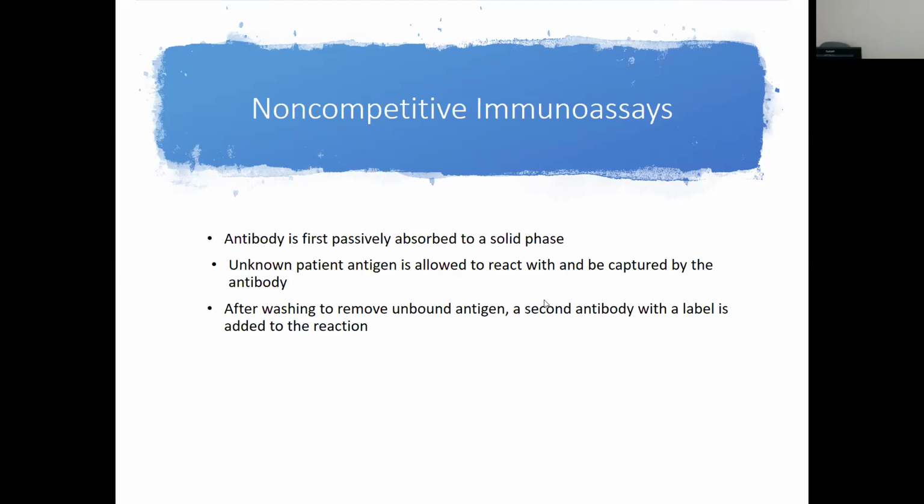So we've added the antibody, and then the unknown patient antigen is allowed to react with and be captured by the antibody. So we just put the patient's serum on that. Or swab wash, if we want to stay with the COVID theme. We're still looking for the antigen, so it's flu, COVID, swabbing noses, strep, swabbing throats.